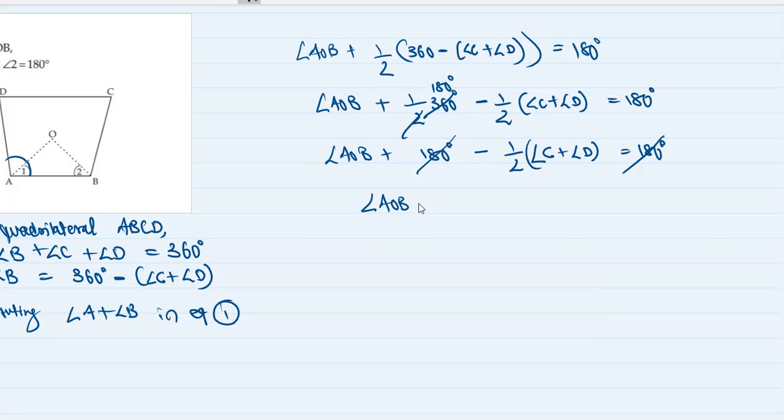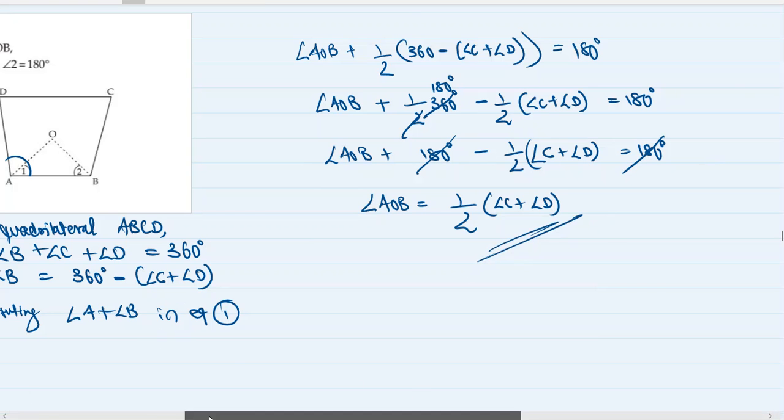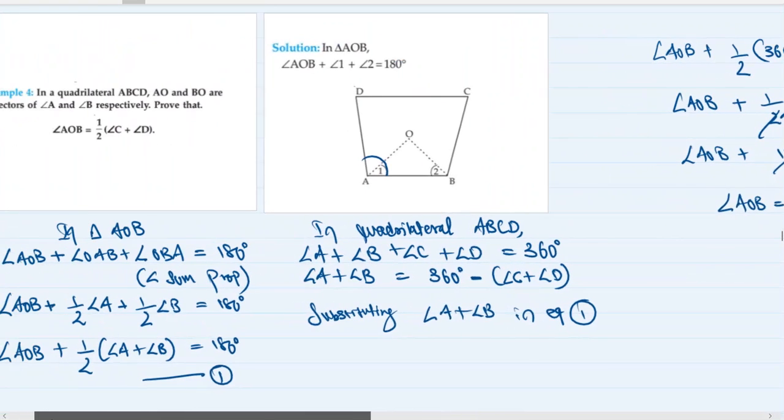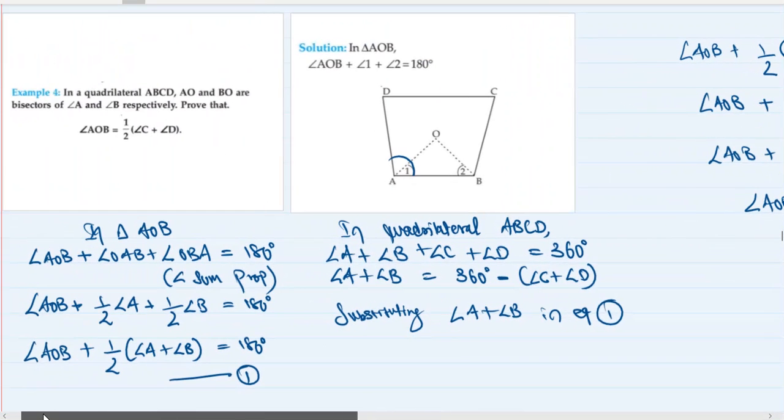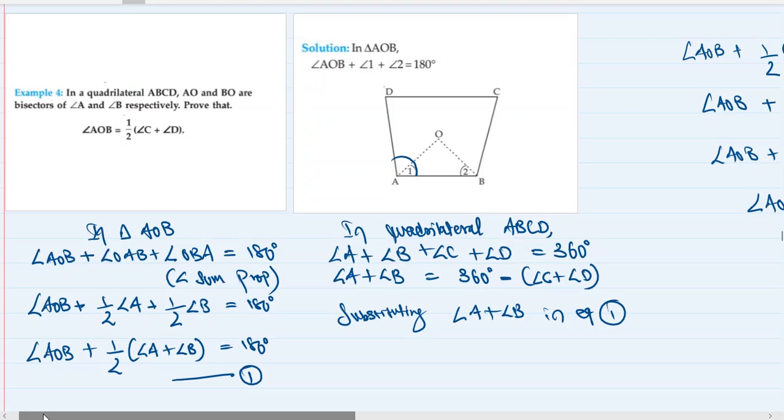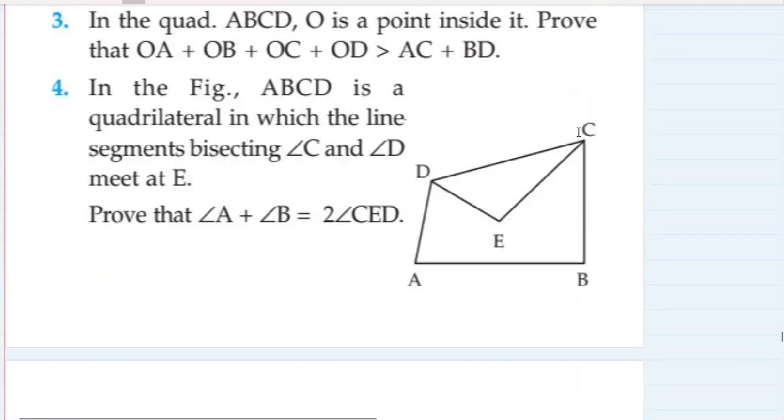Angle AOB is equal to half of angle C plus angle D. It shifts to the other side, so we get this answer. Angle AOB is half of angle C plus angle D. Please note it down properly with understanding. If you do not understand, please watch this part of the video again, and you will definitely get it. So this part is over.